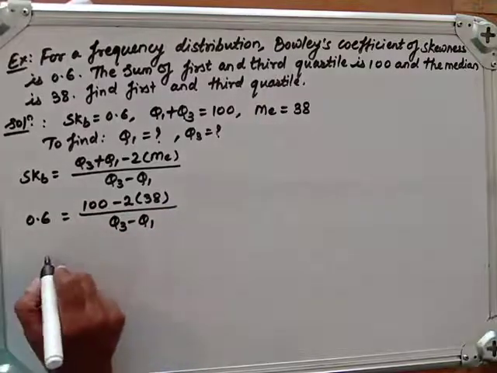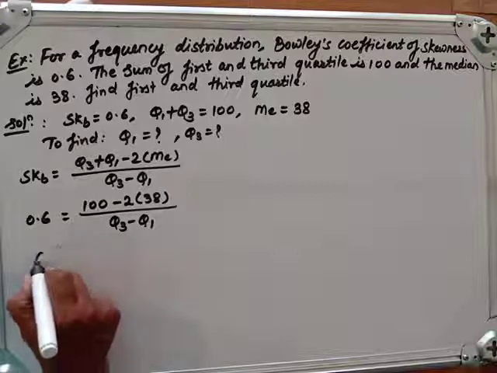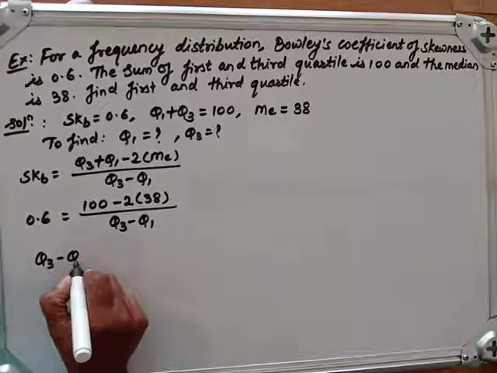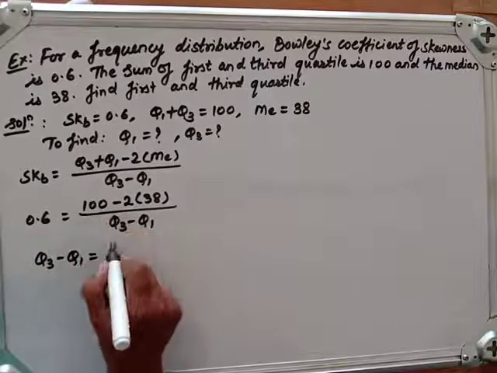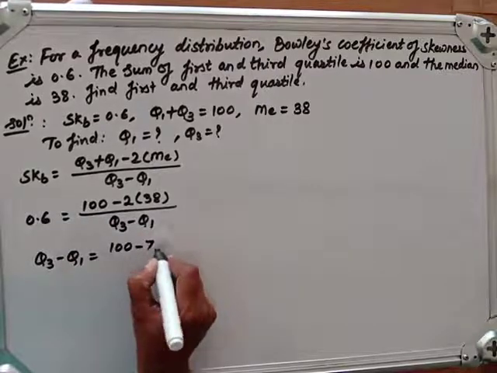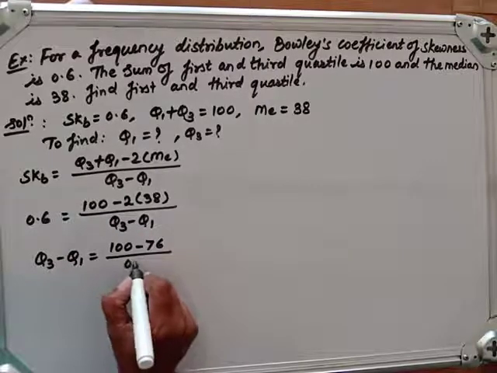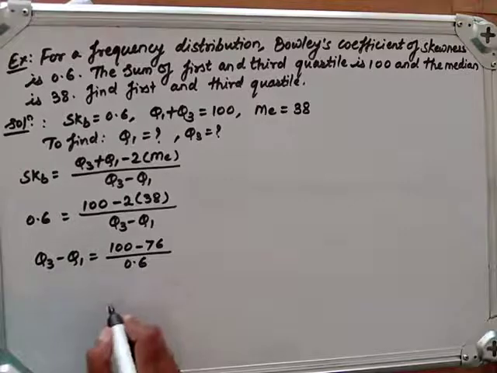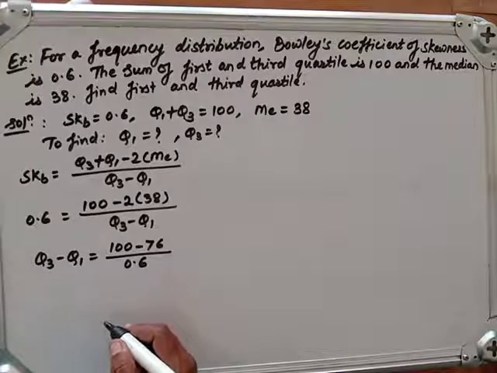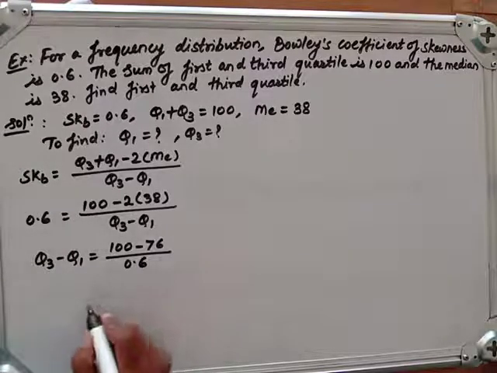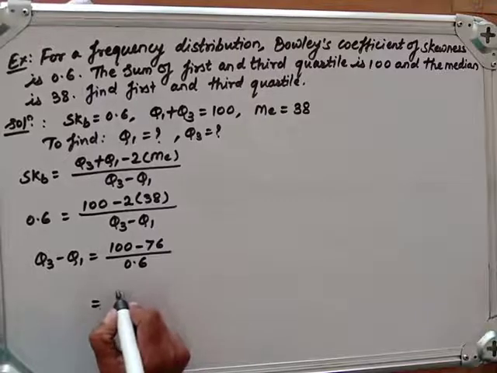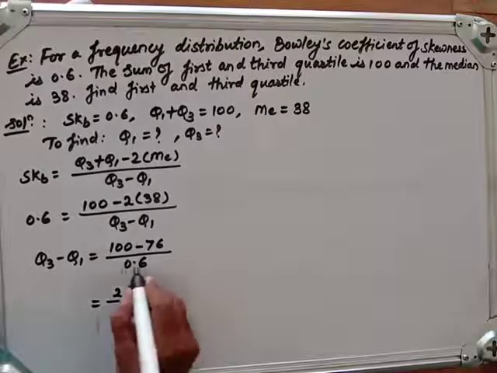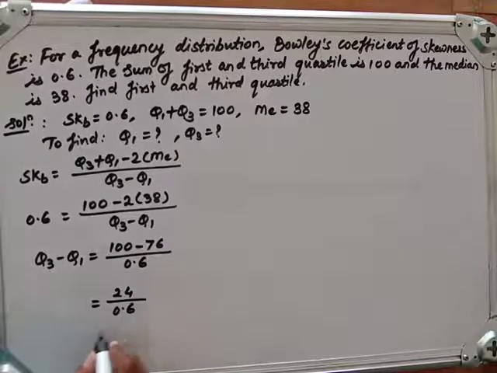From this we will get Q3 minus Q1 as 100 minus 76 upon 0.6. So 100 minus 76 is 24. 24 upon 0.6 is 40.